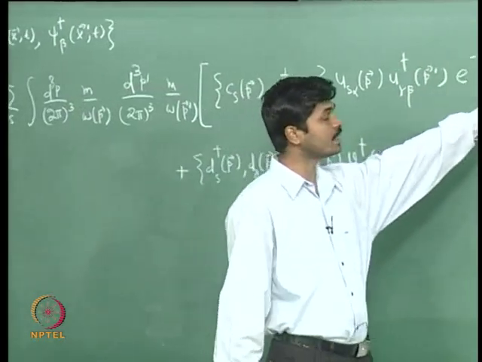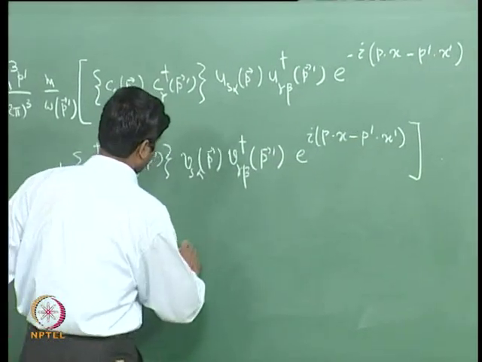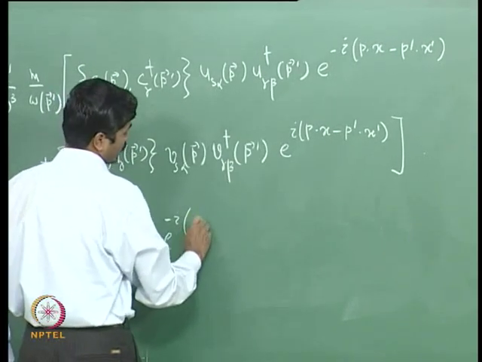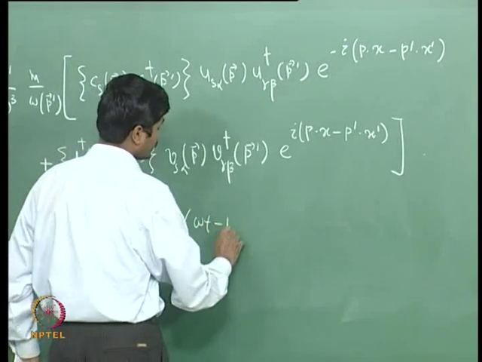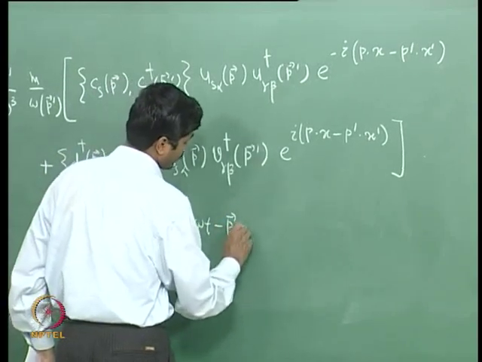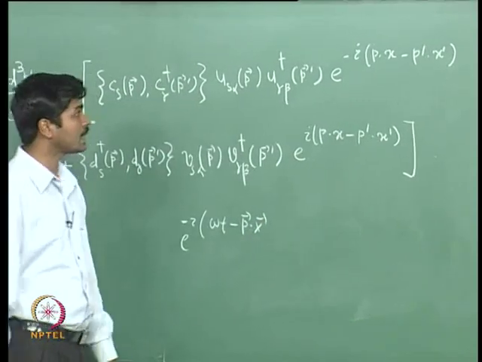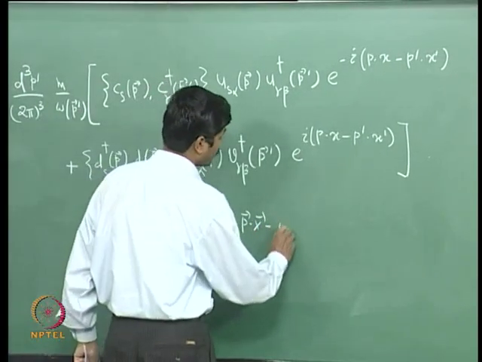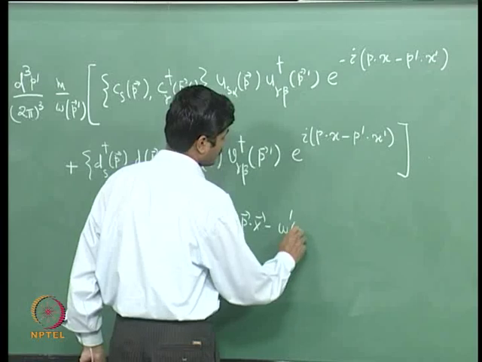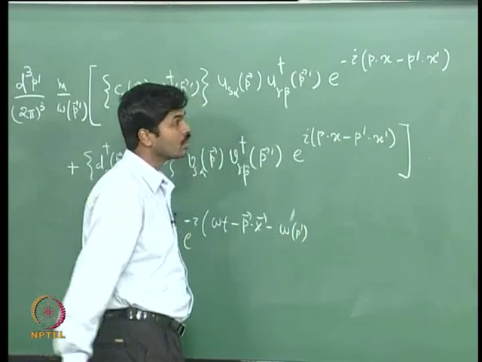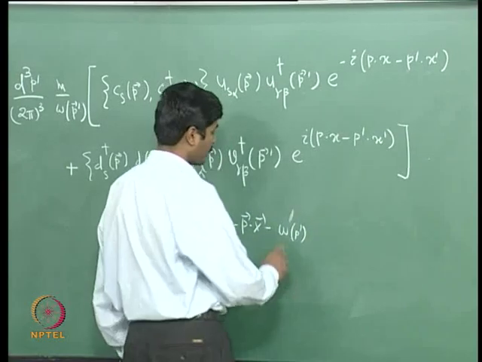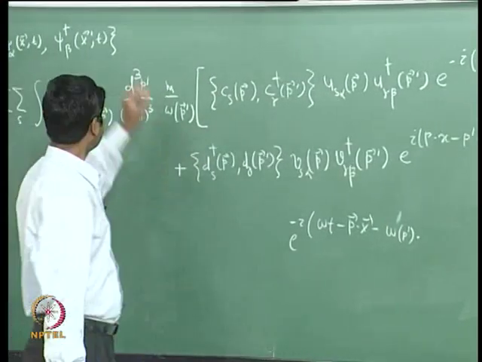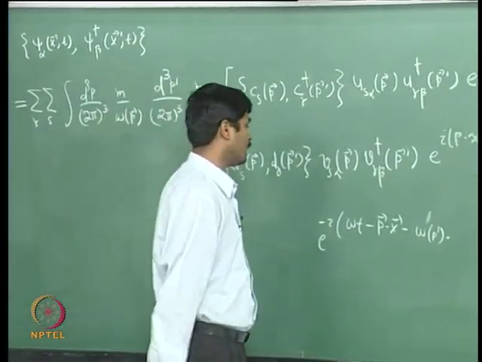Now, look at this term here. This term is e to the power minus I p dot x, which is omega t minus this 3 vector product p dot x, and then here p prime dot x prime is minus omega of p prime, the 0th component of p prime dot the 0th component of x prime, which is t, because we are considering equal time anti-commutation relations.